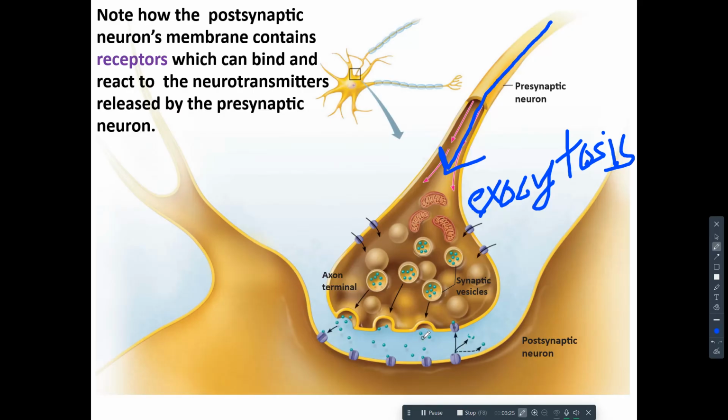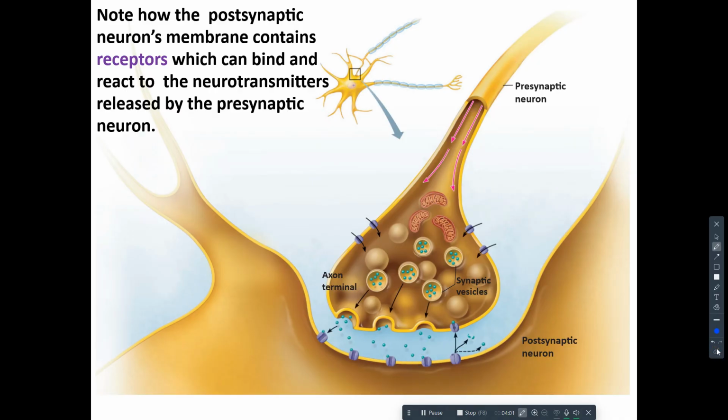And the neurotransmitters in the synaptic cleft are going to diffuse and bind to these receptors here, which then allow the postsynaptic neuron to do something. So an electrical signal called an action potential comes down the axon, prompts the release of neurotransmitters from the axon terminal of our presynaptic neuron. The neurotransmitters then bind to receptors on the postsynaptic neuron and cause a response in it.